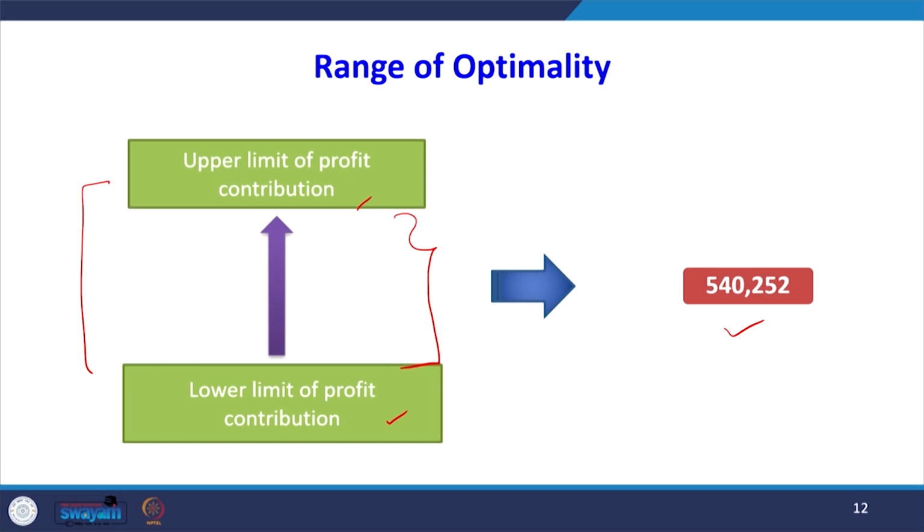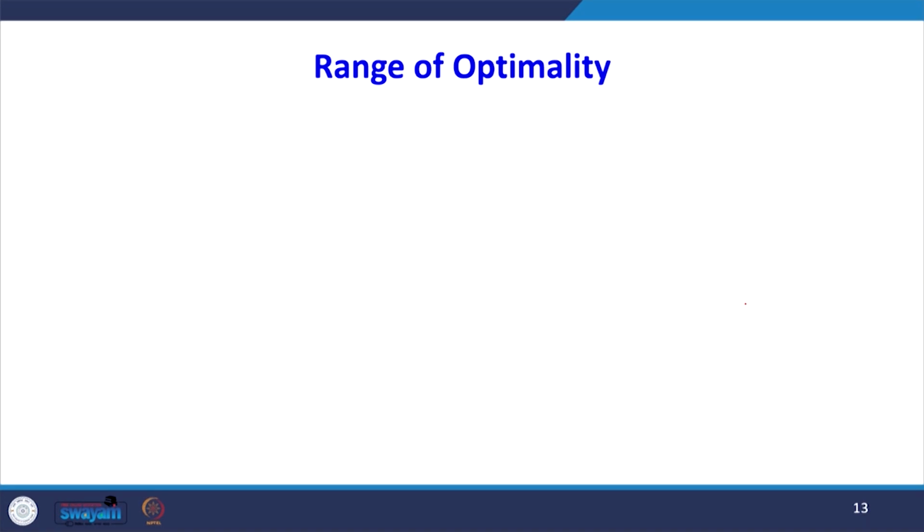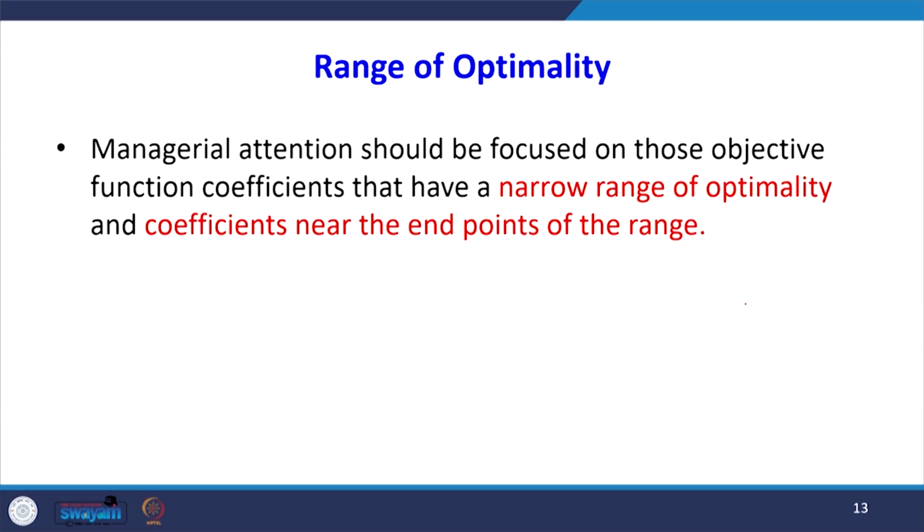Even though there is a variation in the coefficient of your objective function, that variation will not disturb your solution. That allowable range of variation is nothing but your range of optimality. The managerial attention should be focused on those objective function coefficients that have a narrow range of optimality, and the coefficients near the end point of the range.